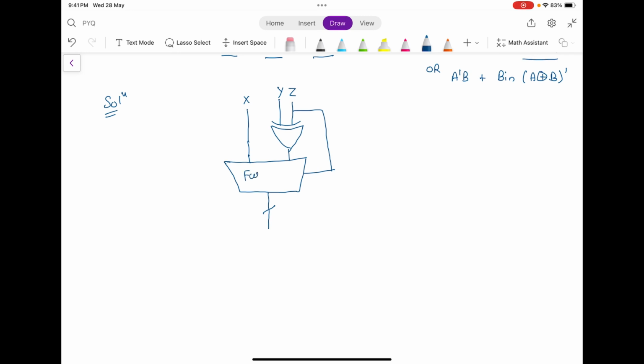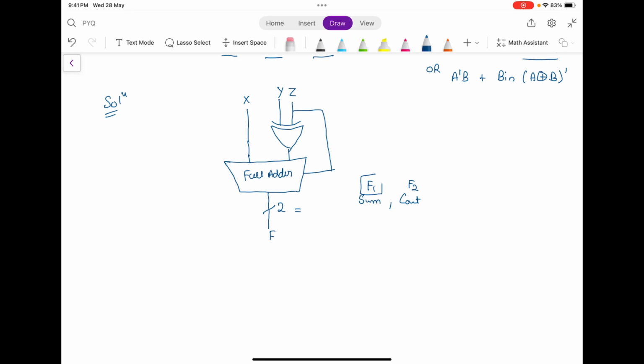So this is the full adder. This is written 2, which means there are two outputs. We also know that the full adder has two outputs, one is the sum and one is the carry out. So F1 will be our sum and F2 will be our carry out.